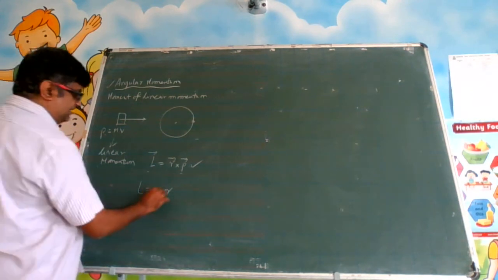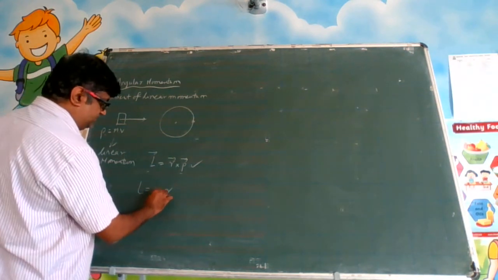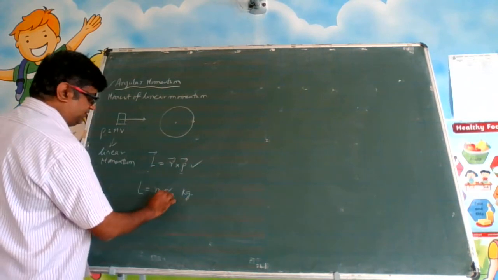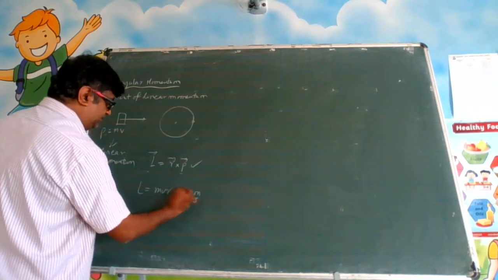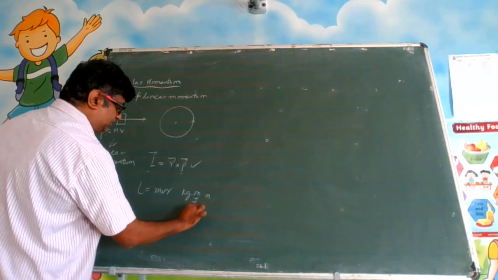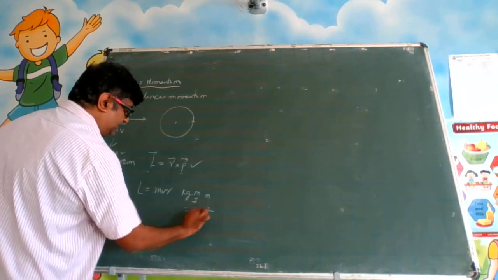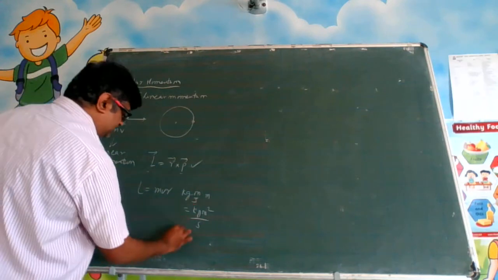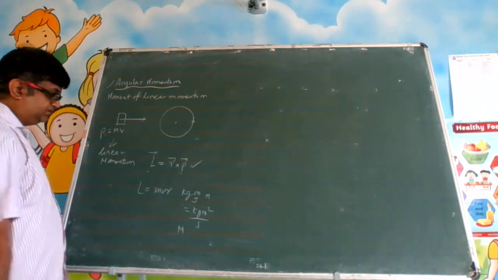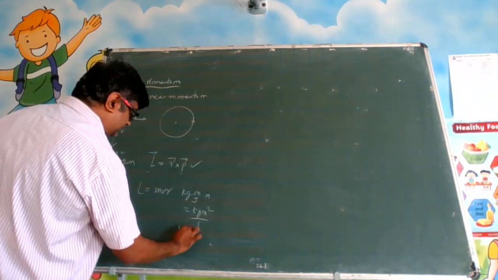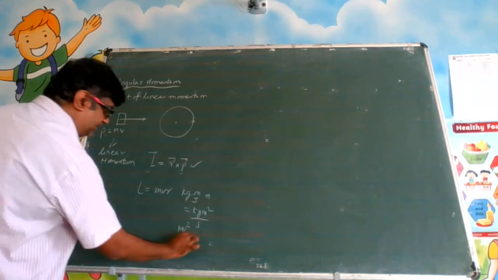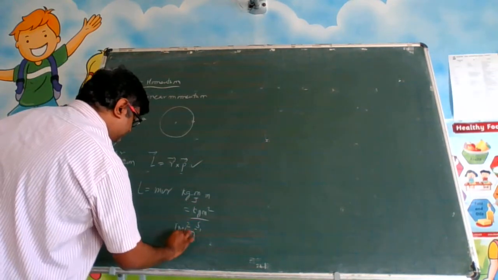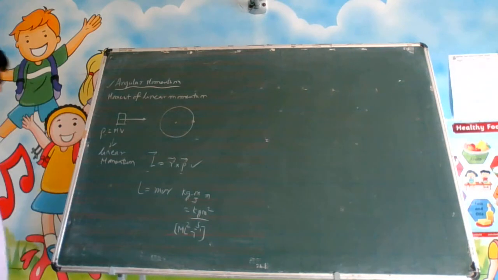Mass is kg, velocity is meter per second, and this is again meter. So the unit is kg meter square per second. If you want to write the dimensions, kg is mass M, meter square is L square, divided by t, so t power minus 1. This is the dimensional formula for angular momentum.